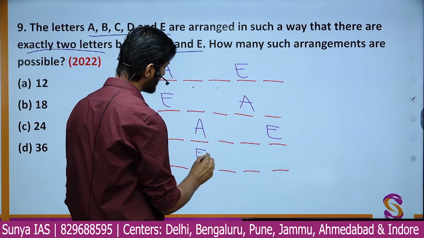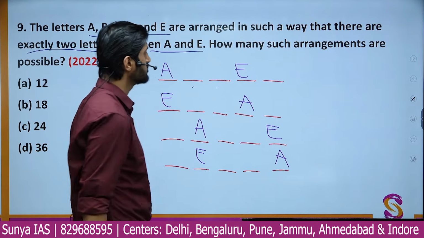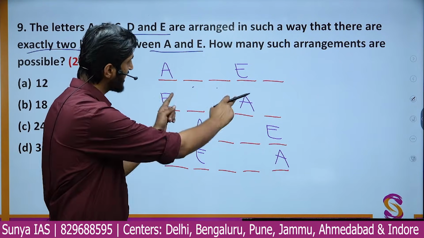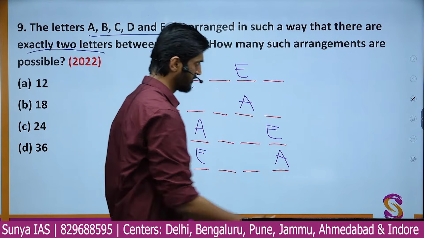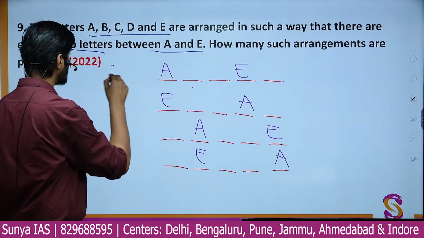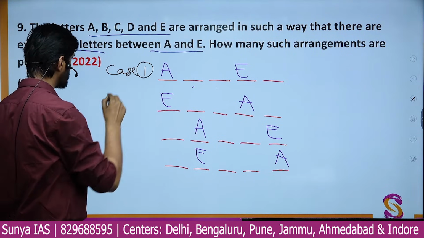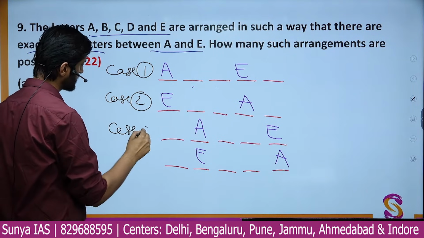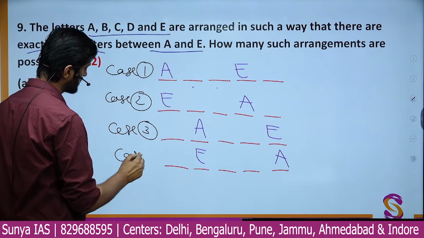So here we'll have E and here we will have A. So these are all the possible 4 cases in which A and E will have exactly 2 letters in between them. Okay? You can try and check. There are no further cases possible. So we have overall case 1, case 2, case 3 and case 4.